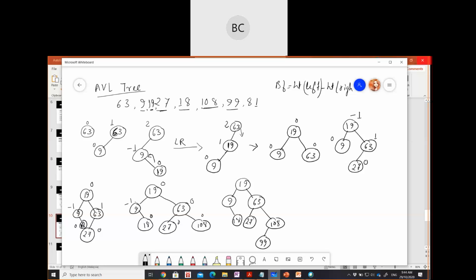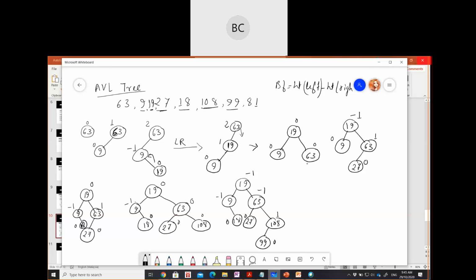Now see the balance factor again for this one. 2 minus 3 is 1. For this one again minus 1, this one 0, this one is 0. For 63, 1 minus 2 is minus 1, 0, and this one 1. So it's again balanced, so we don't need to do anything. Okay.